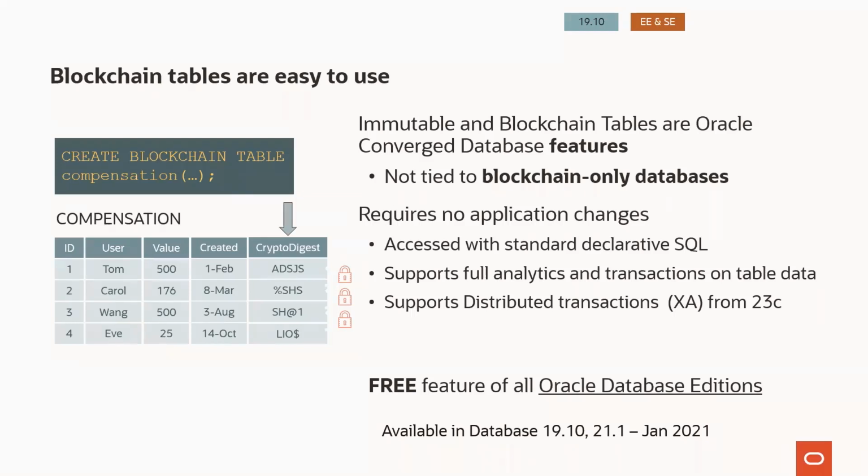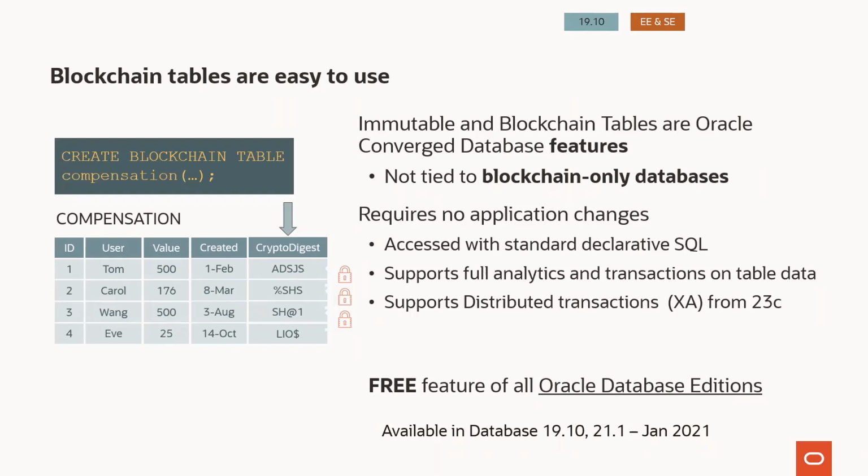And this feature came in 21c as well, but was actually backported to a version right before immutable tables, so 19.10. So if you're running a 19, hopefully you're up to maybe 19.16. I think that's one of the latest releases that we have on our 19c quarterly patch set. But you've got that capability with 19c as well.